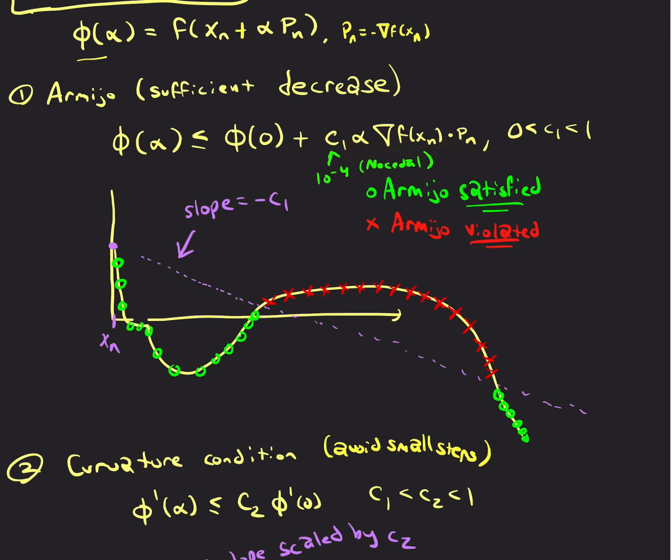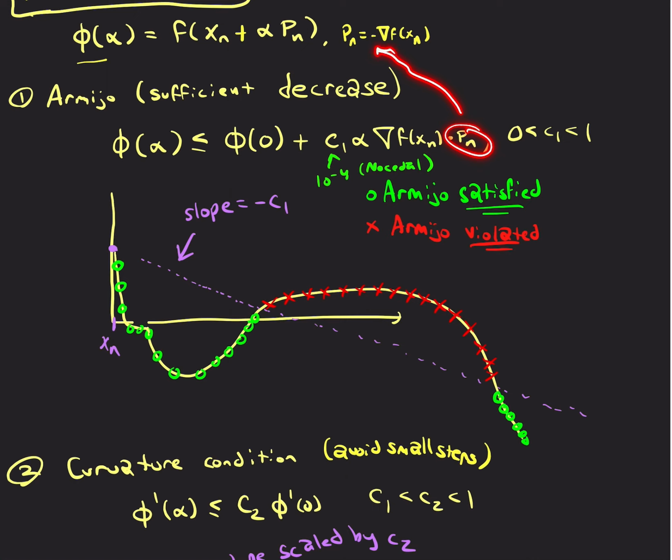And so just to illustrate this, what this says is that if I'm starting here at xn, that's my functional value there in purple. I pick a slope C1, and again, this is user defined of how aggressive you want to be. And we draw this line with slope negative C1 because ultimately this Pn has a negative in it.